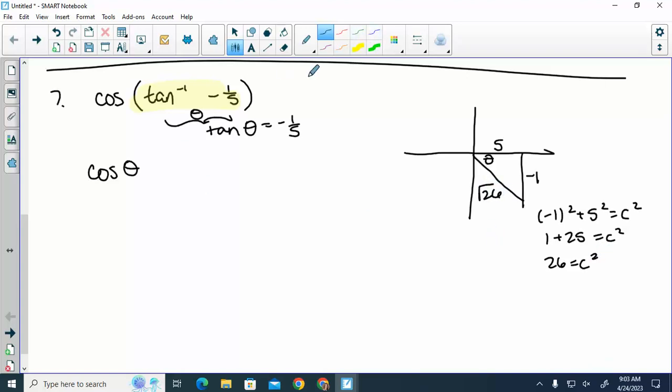So now we have a triangle set up, so we can do cosine of that triangle. Cosine is adjacent over hypotenuse, so 5 over radical 26. Get the radical off the bottom, so that's 5 radical 26 over 26.